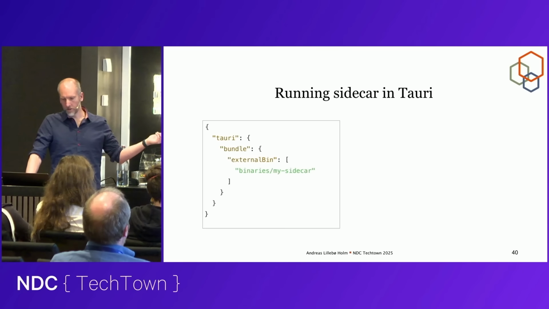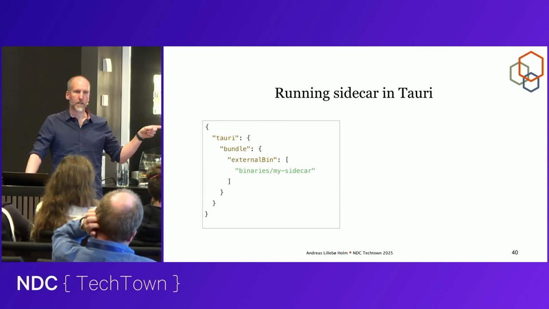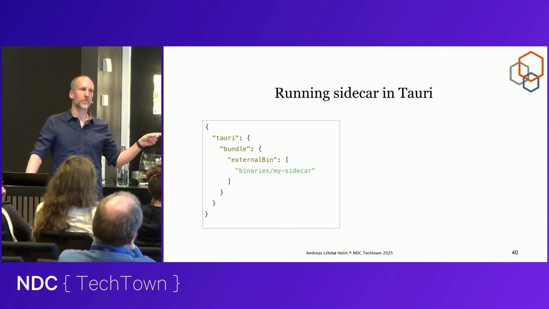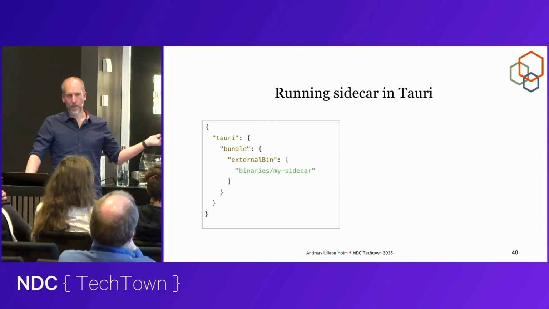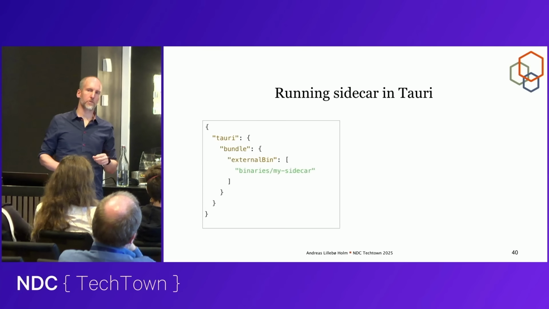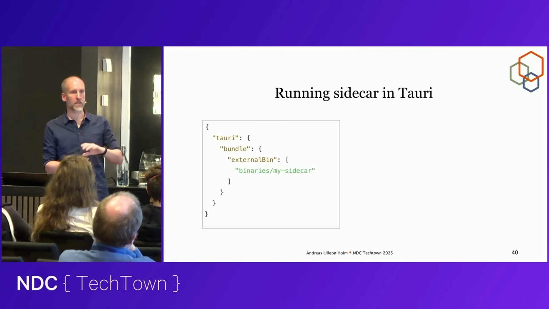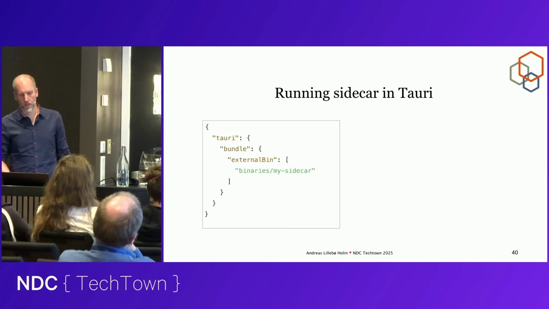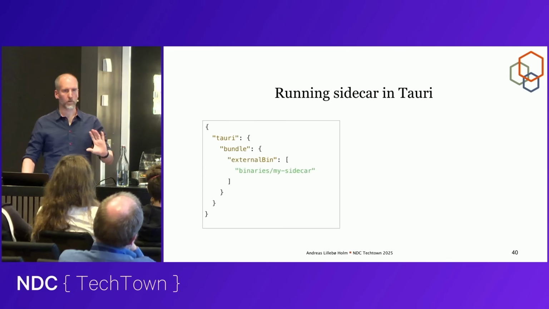How you do that is you specify that you have some binaries that you want to include when you distribute the application. You just define it like that, and in the Tauri code you can choose whether you want to run those sidecar applications from either the Rust side of the code or from the front-end side of the code. So you can choose what fits your application.